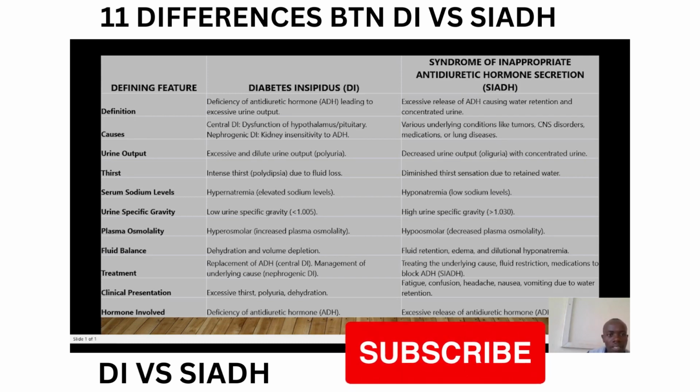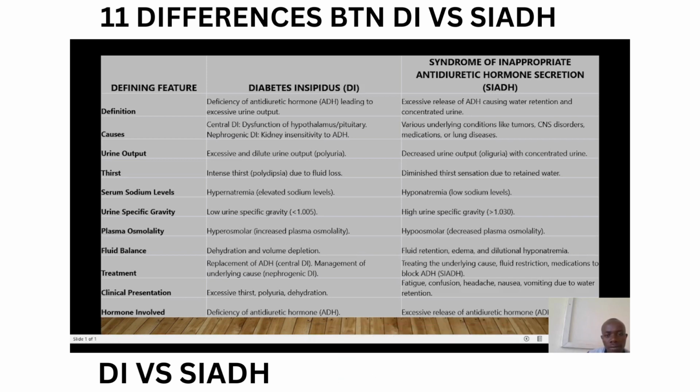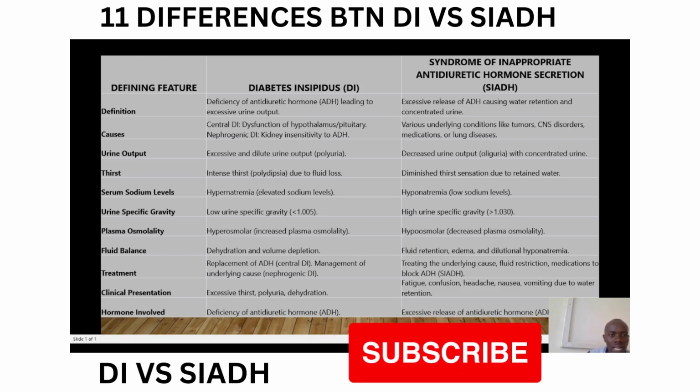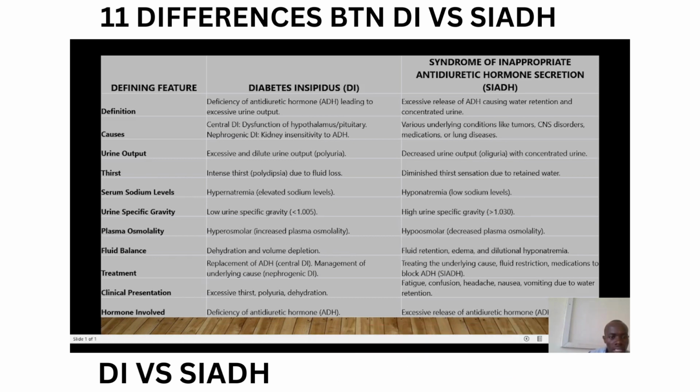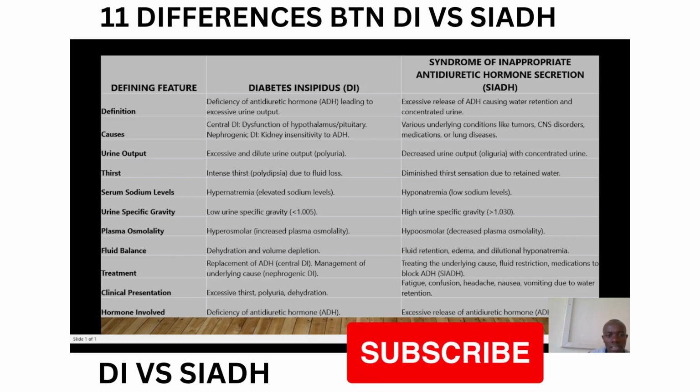We also have a difference in serum sodium levels, which one has high, which one has low. We also have urine specific gravity, then plasma osmolarity, fluid balance, treatment, clinical presentation, and lastly the hormone that is involved. So welcome to the presentation, guys.